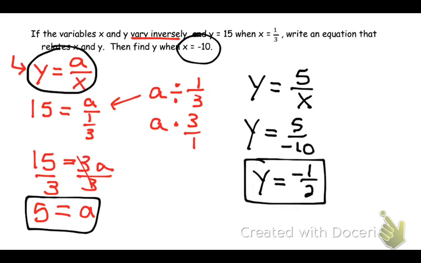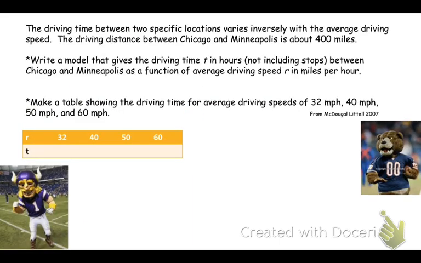All right, so in this one, you're driving between Chicago and Minneapolis. We know it's a 400-mile trip. It says we have inverse variation, and it's asking us to write a model between Chicago and Minneapolis as a function. So we want t to be a function of the average driving speed r.